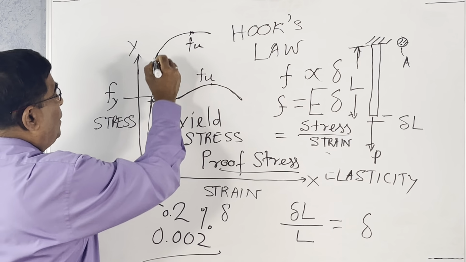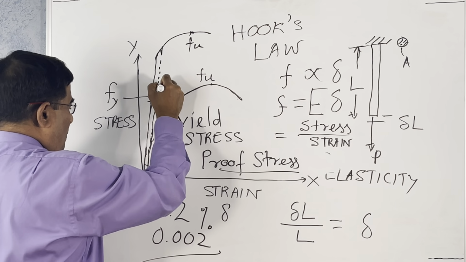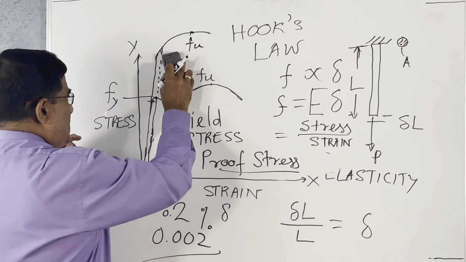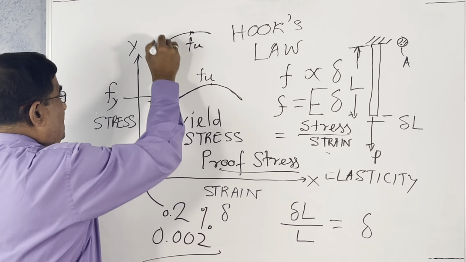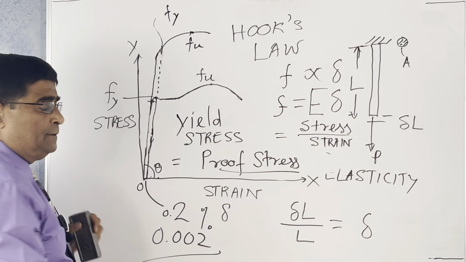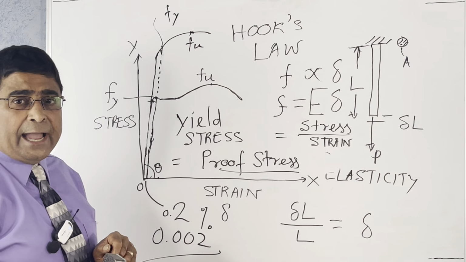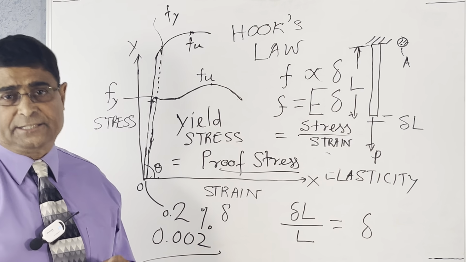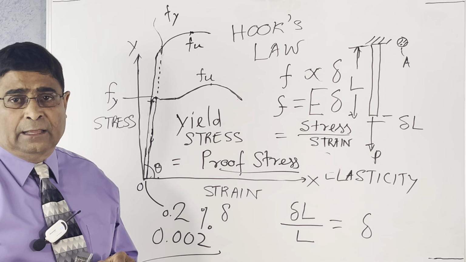But there also it is 0.002 strain, so this is the Fy yield stress for this curve. So in all our design, we are careful not to exceed Fy, the yield stress. That is our goal. Okay?